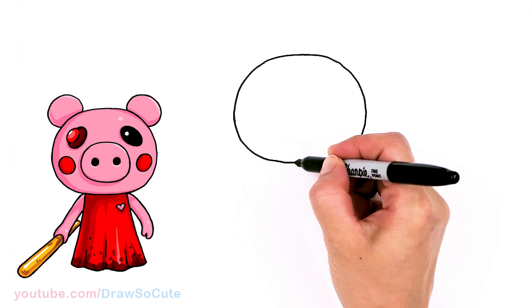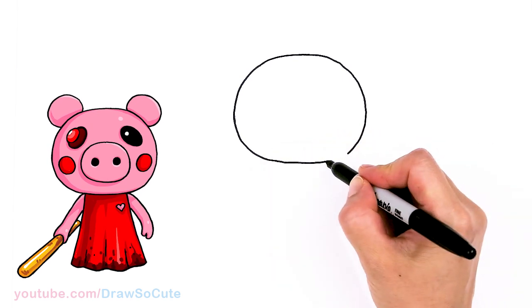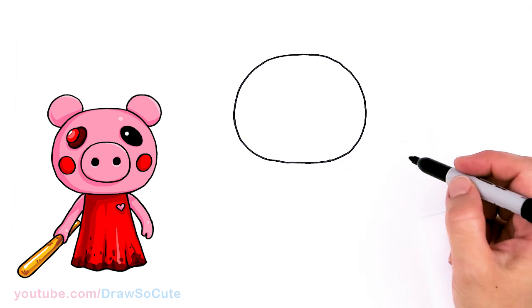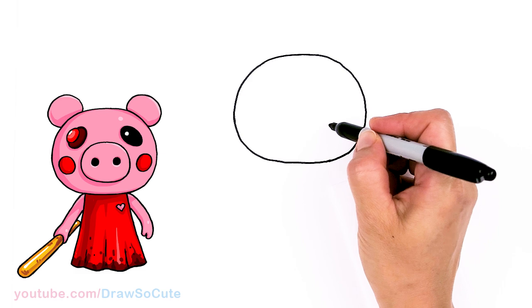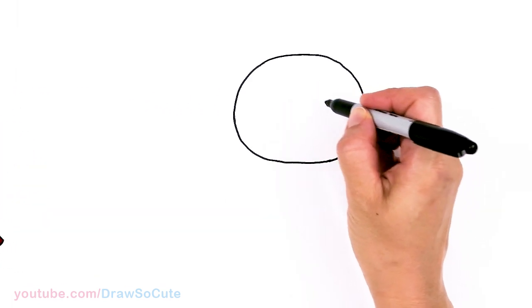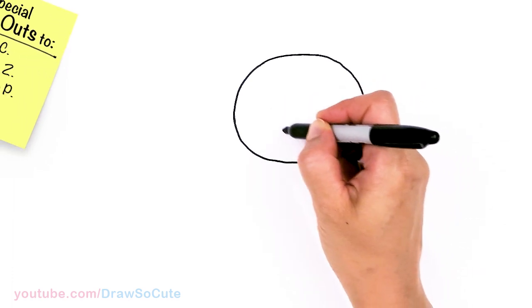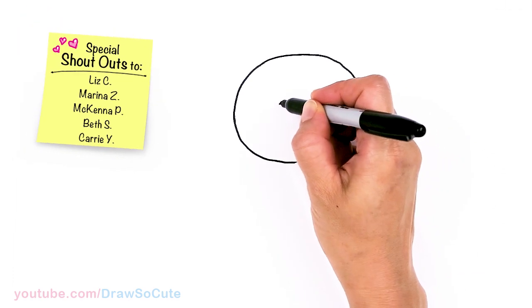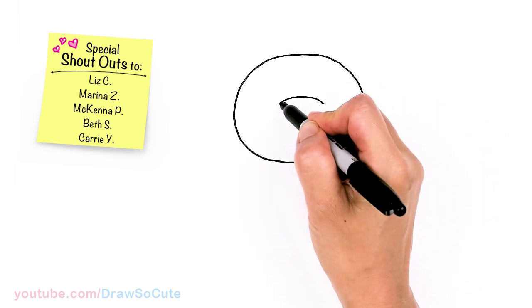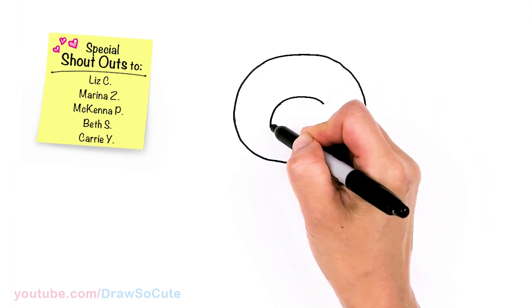And connect at the bottom. There, so I got a big oval in there. Now let's come inside right here in the center area and draw another oval for the snout area. So it's pretty prominent, so I'll put it about right here. Right in the center, I'm going to do the same thing, but smaller.